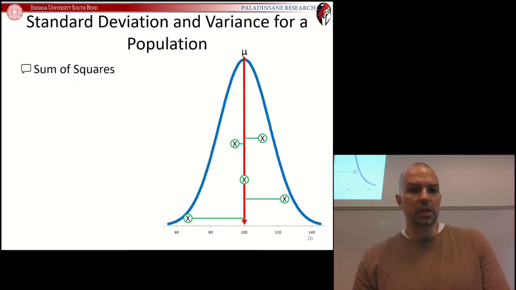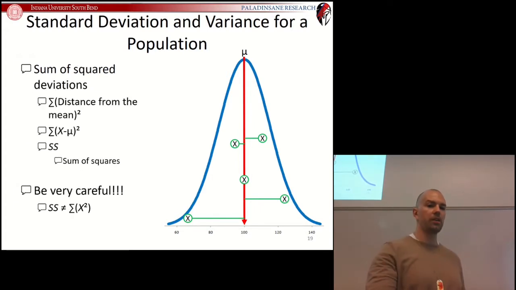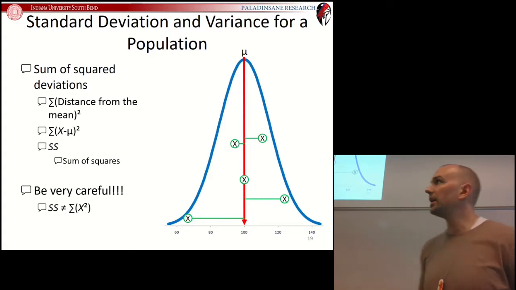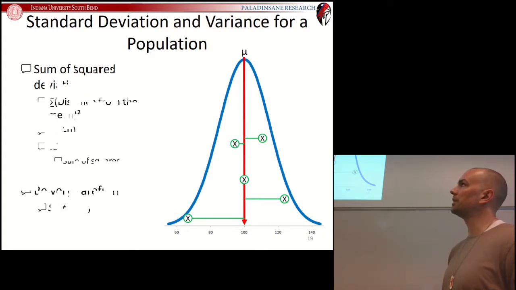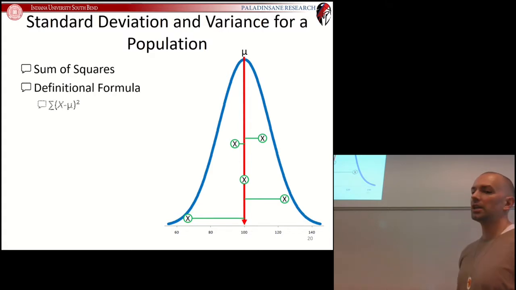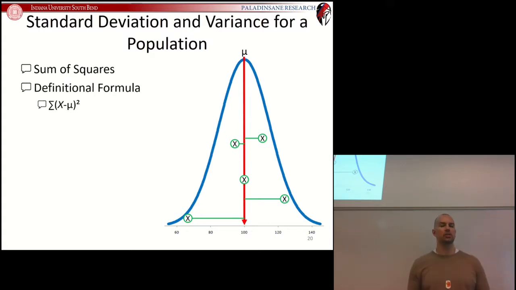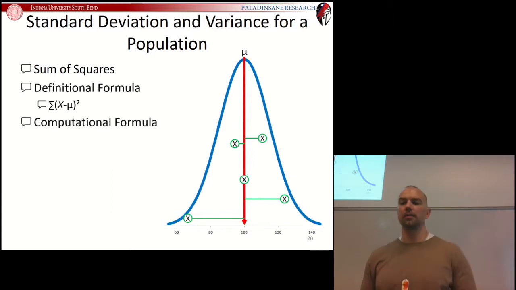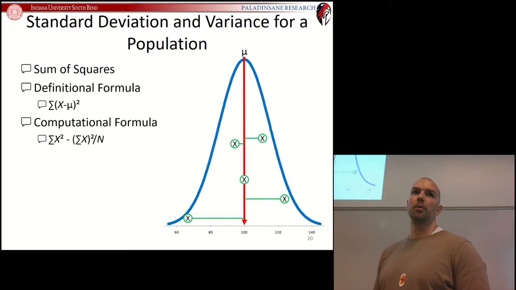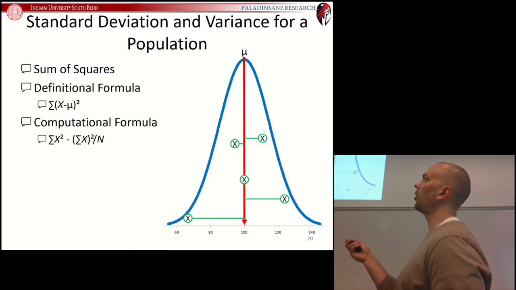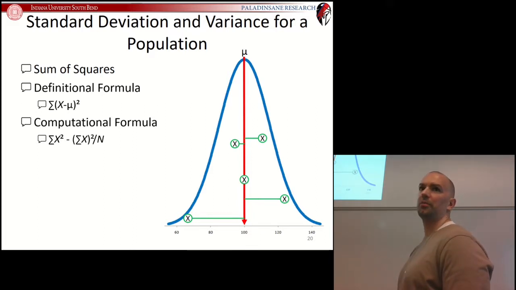All right, so we have the sum of squares, sum of squared deviations. That's the definitional formula, the sum of squared deviations. I'm going to mention the computational formula just so that you're not confused. That formula is mathematically equivalent to that formula, but this one is a whole lot easier to calculate by pencil and paper.